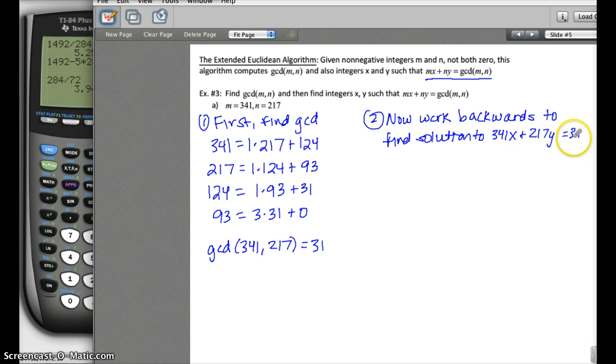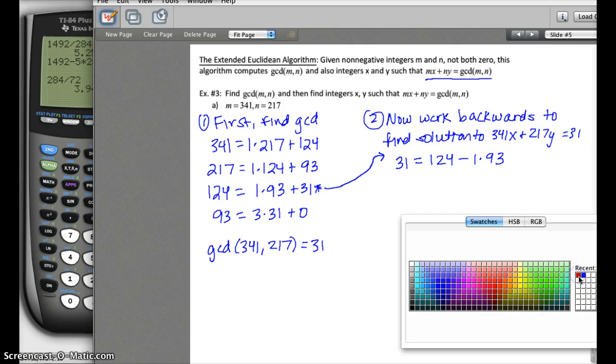Since we want it to be equal to 31, I'm going to start out using this line that I had right here, and rearrange some things. If I solved this for 31, I would have 31 equals 124 minus 1 times 93. So just taking that line from our Euclidean algorithm and rearranging some things to have the GCD of 31 on one side by itself.